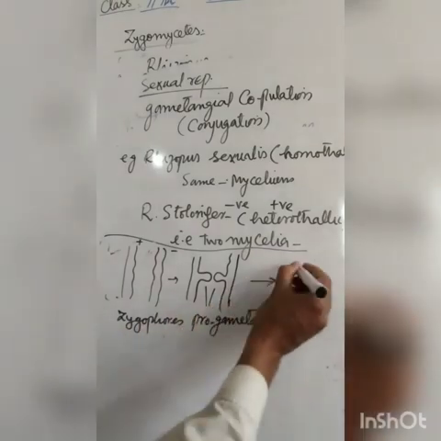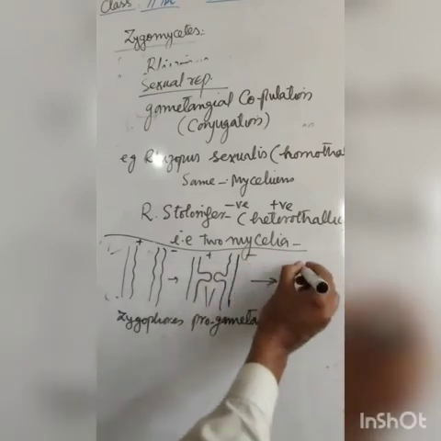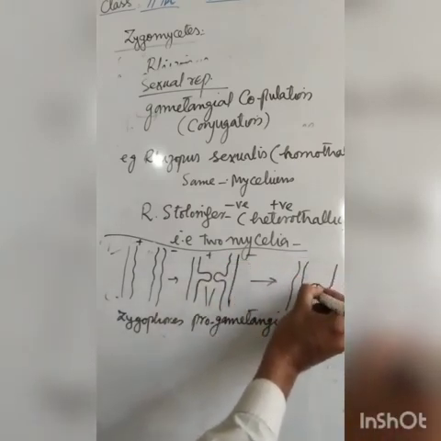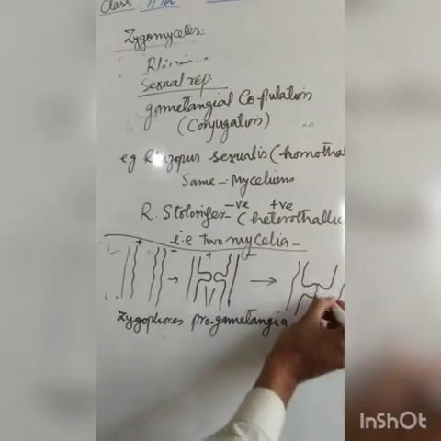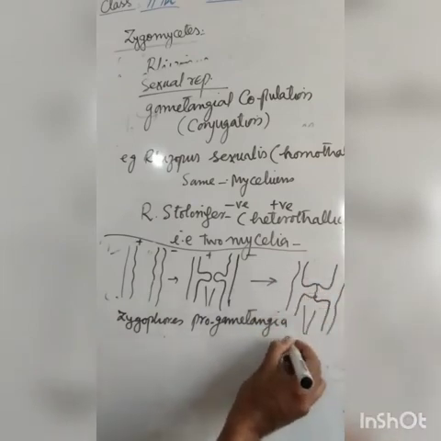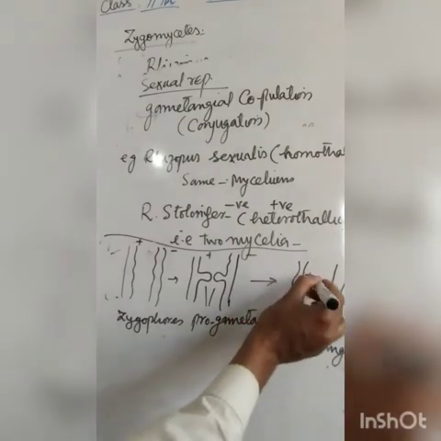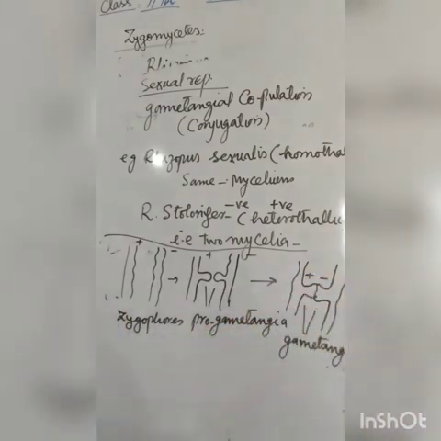When the progametangia, positive and negative, fuse, they are called gametangia. Here plasmogamy occurs, then karyogamy, and later on meiosis.